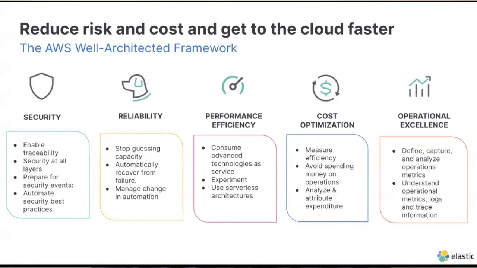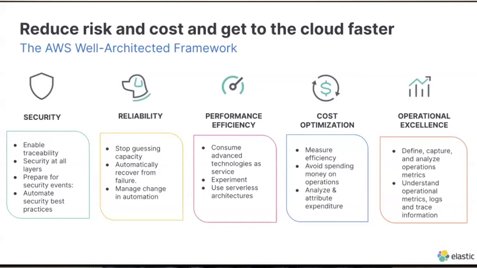Here you can look at enabling traceability and security at all layers. Automating security best practices is also key to success. Manually updating policies or doing things manually is not really helpful here. That's where Elastic comes into the picture. We automate your end-to-end security event management using Elastic solutions. We're going to cover that in a few slides.